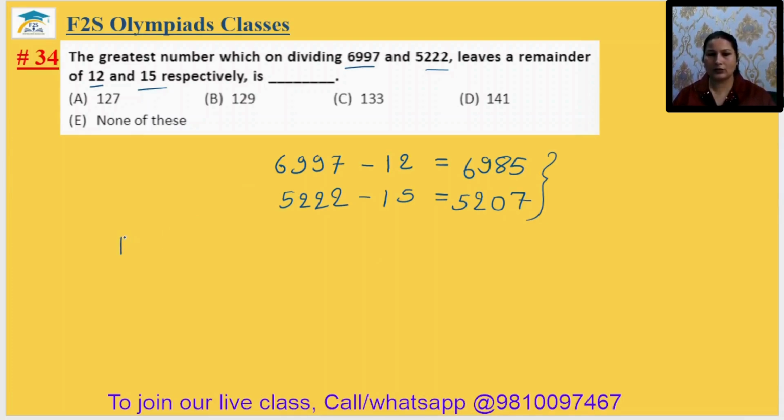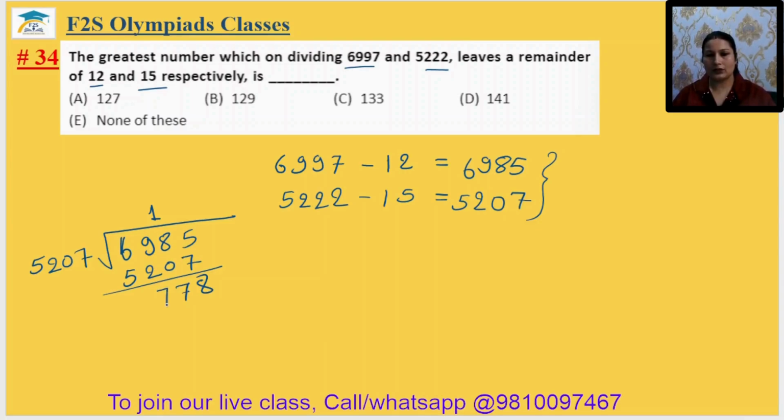So 6985 divided by 5207. Ones are 5207. 8, 7, 7, 1. 1778 will be your new divisor now. Okay? Now 5207 divided by 1778.